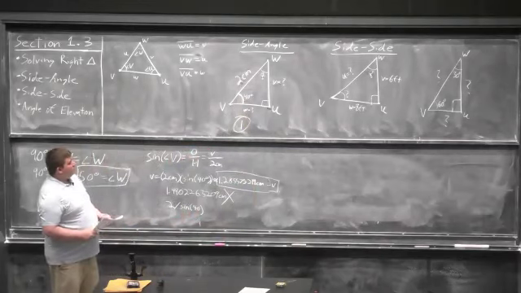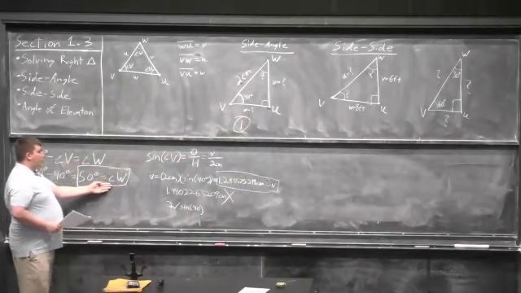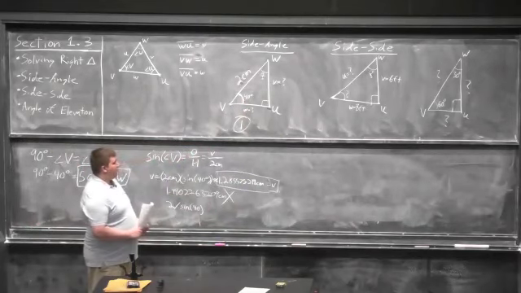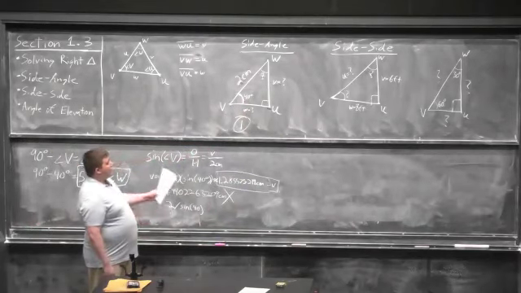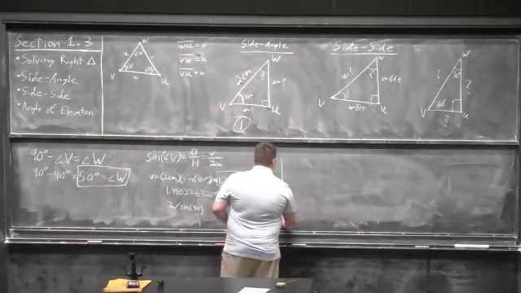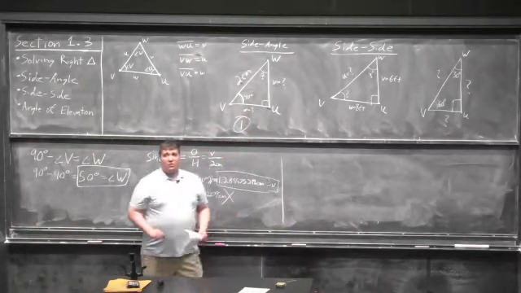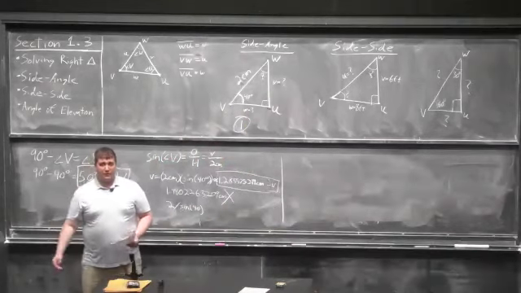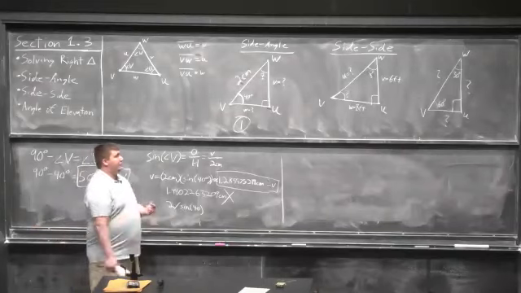All right, so what's the only variable that we have left? We found the angle of W. We found the side length of V. Well, we need the side length of W. Now we can do this in many different ways. We could try Pythagorean's theorem.